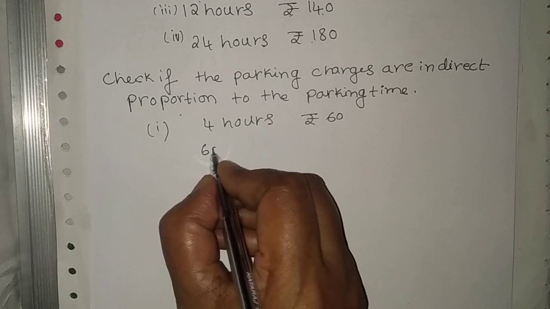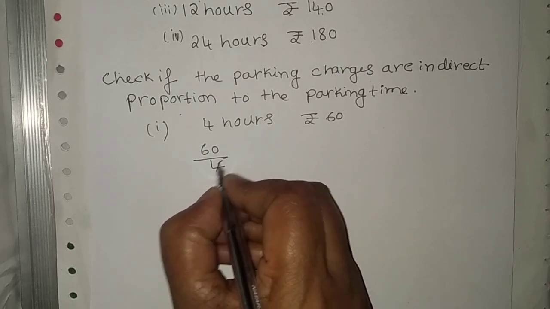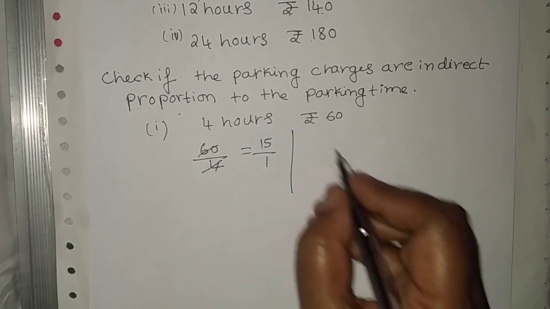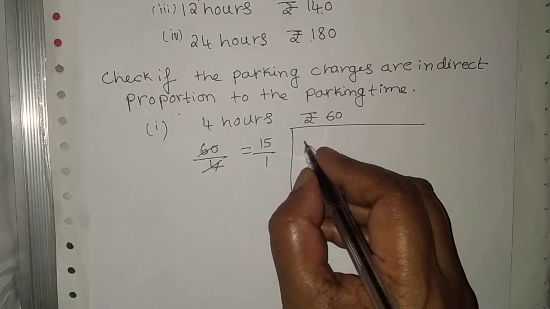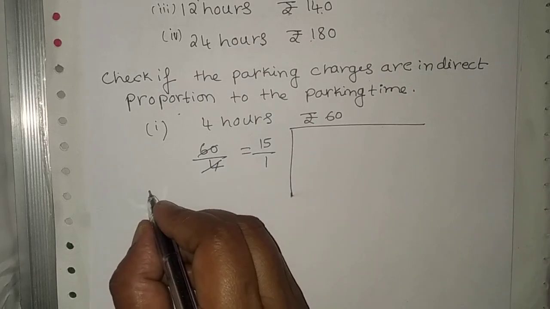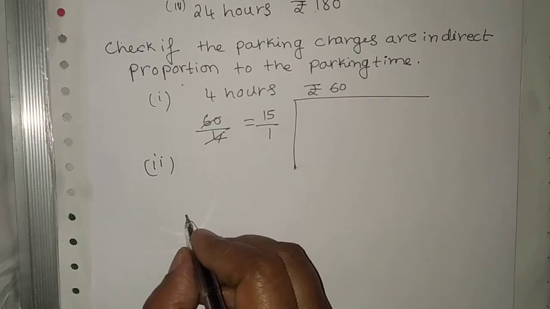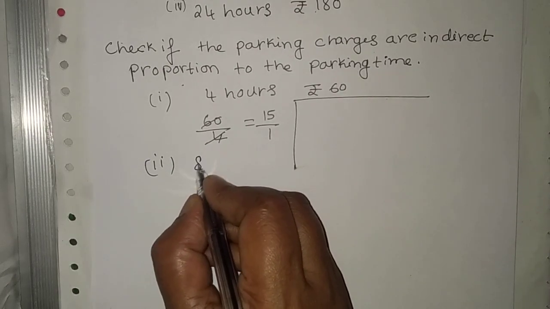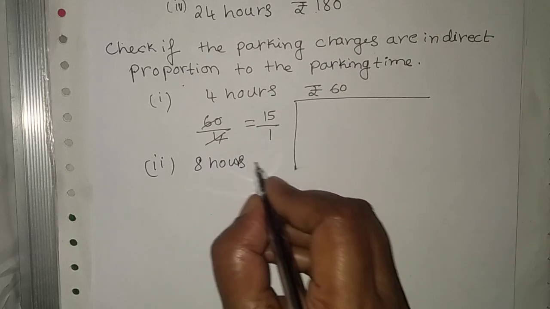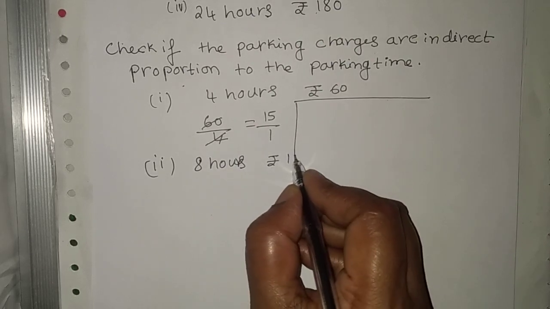So 60 by 4, 4 fifteens, we are getting 15. Next, the second one: 8 hours is rupees 100.